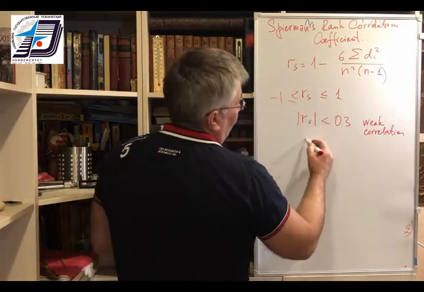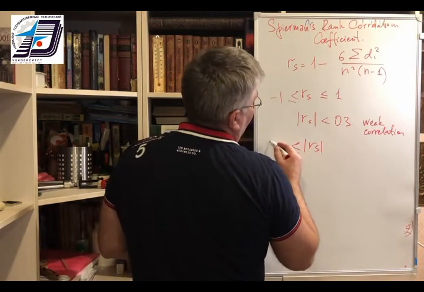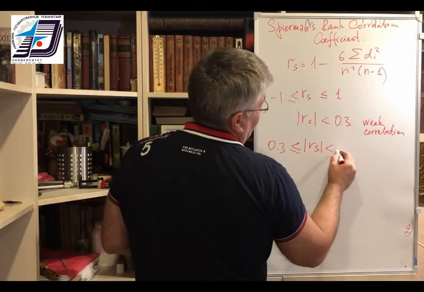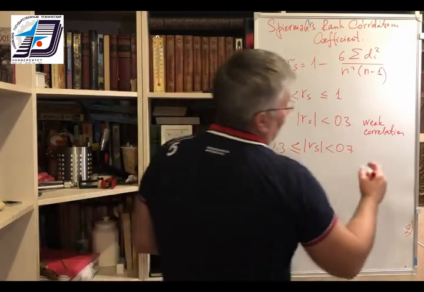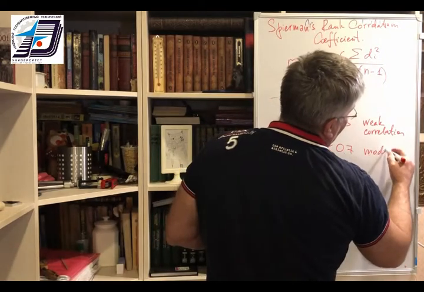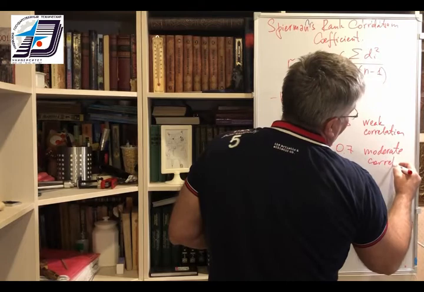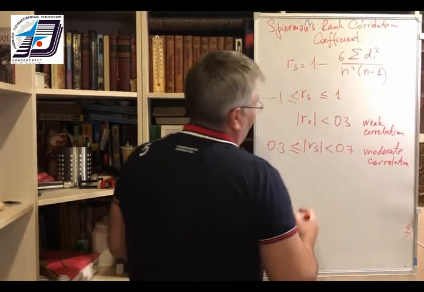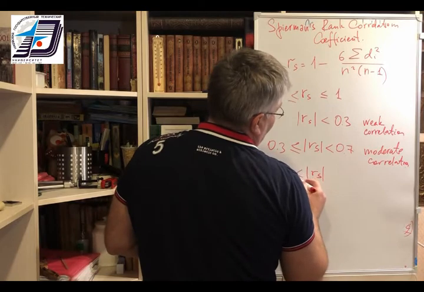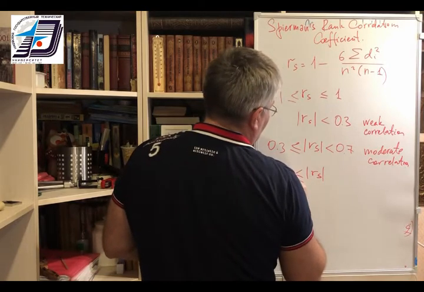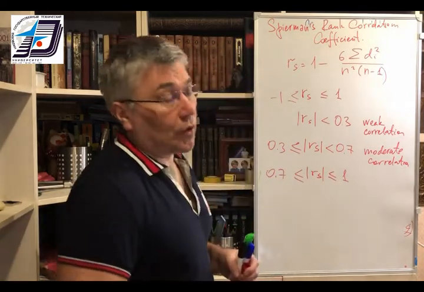If it is between 0.3 and 0.7, we can say that it is a moderate correlation. And if it is between 0.7 and 1, it is a strong correlation.